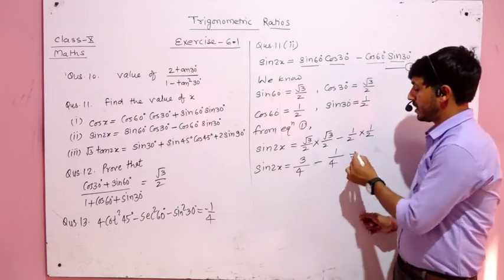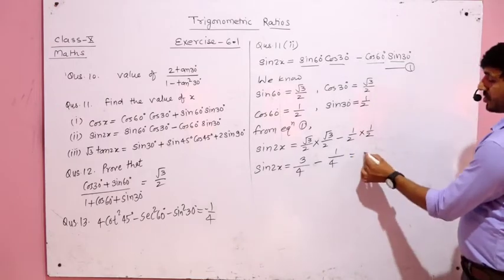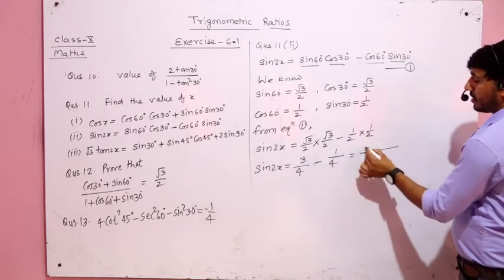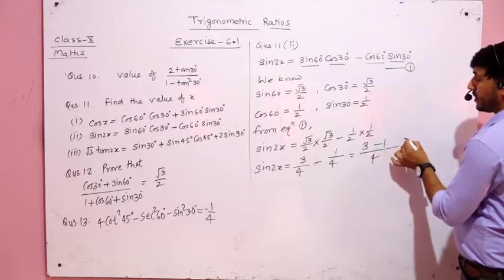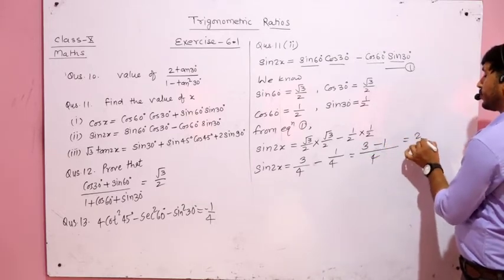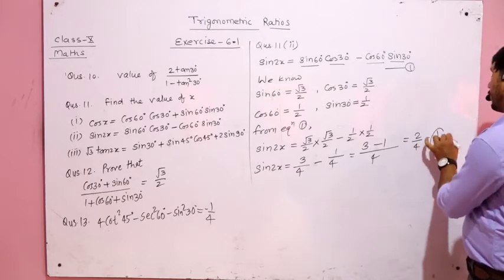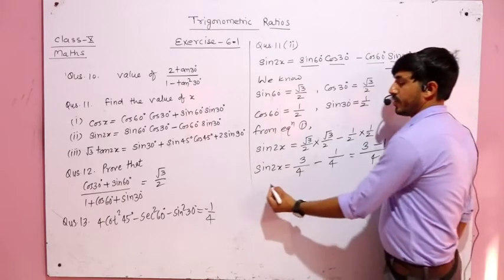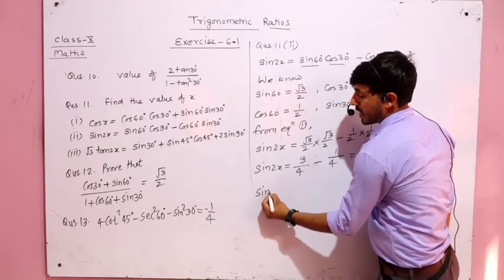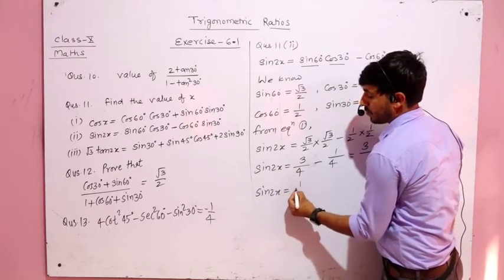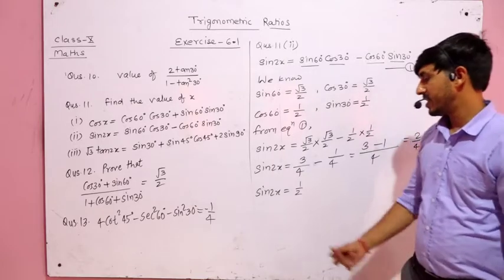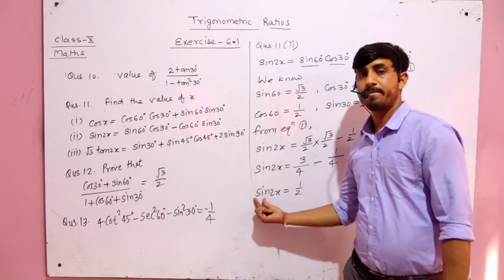Again you can think 4 is taken as LCM, and here the remaining terms are 3 minus 1, that is 2, and that is divided by 4. Then we can solve in terms of 1 by 2. That means we are getting sin 2x is equal to 1 by 2. First think, what is the value of sin?